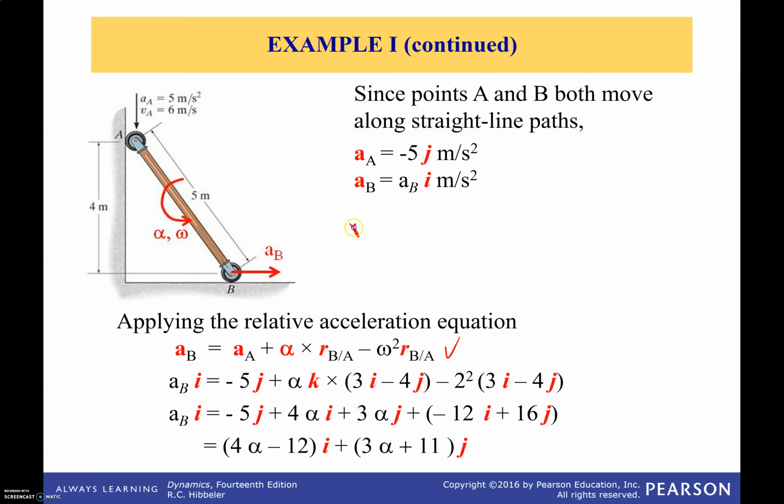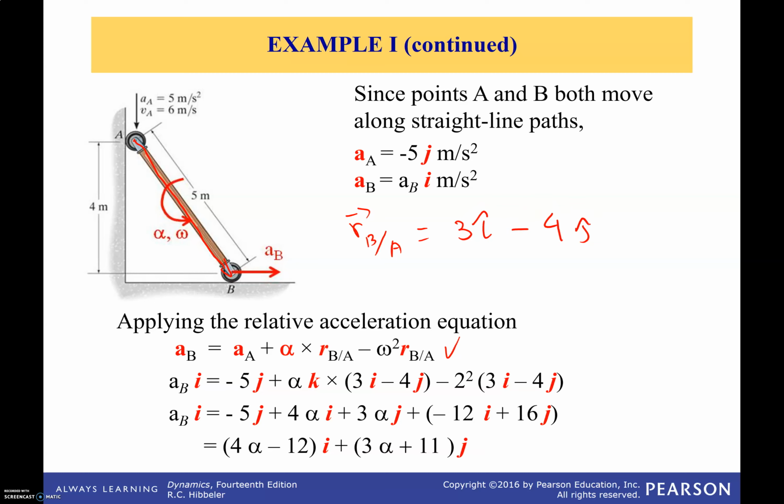What is rBA? It's the position of B relative to A, so it would be this vector here. And you can see that that vector is 3i minus 4j.